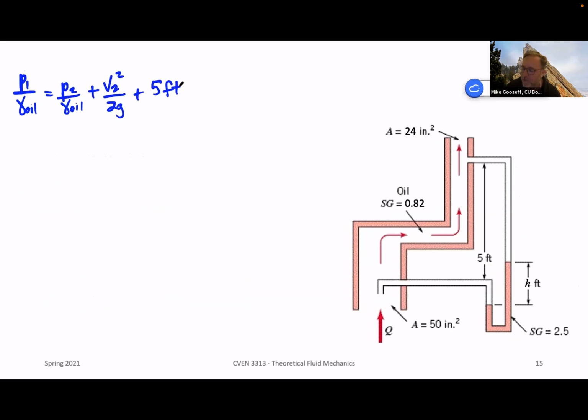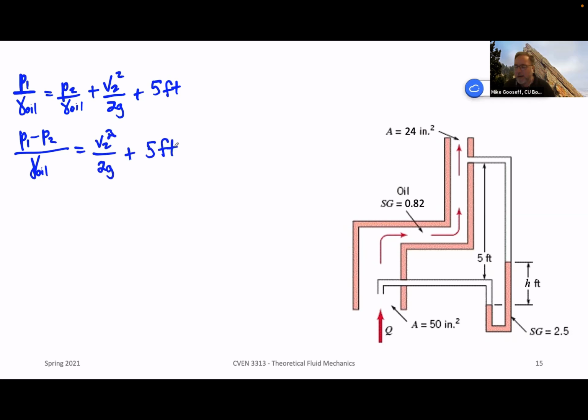And that could be rewritten, it's just moving that P2 to the right-hand side. So P1 minus P2 over gamma oil is equal to V2 squared over 2G plus 5 feet.